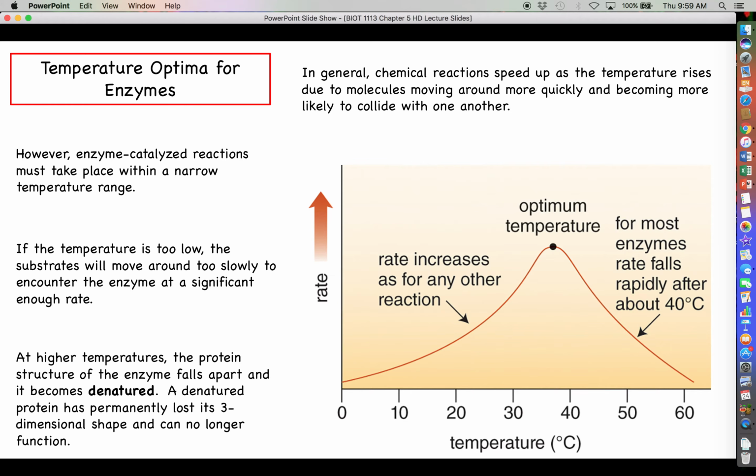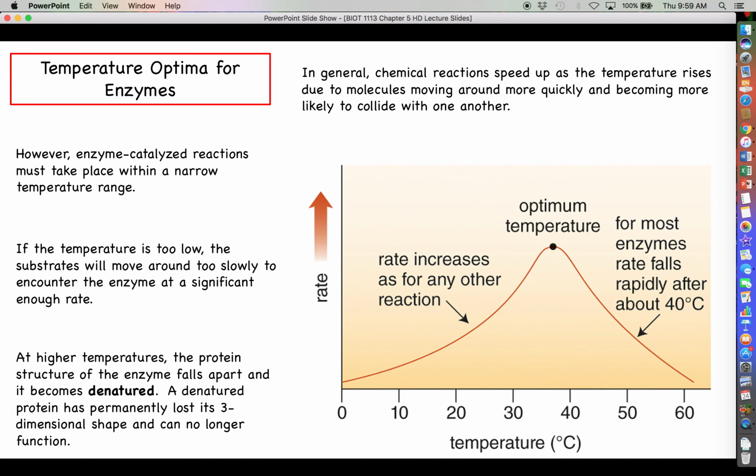Our internal body temperature as humans is 37 degrees Celsius, so all of our cells and all of the enzymes that they make are always operating at 37 degrees Celsius, which allows them to maximize the rate of the reactions they catalyze, and it makes all of our physiological processes go a lot more smoothly.